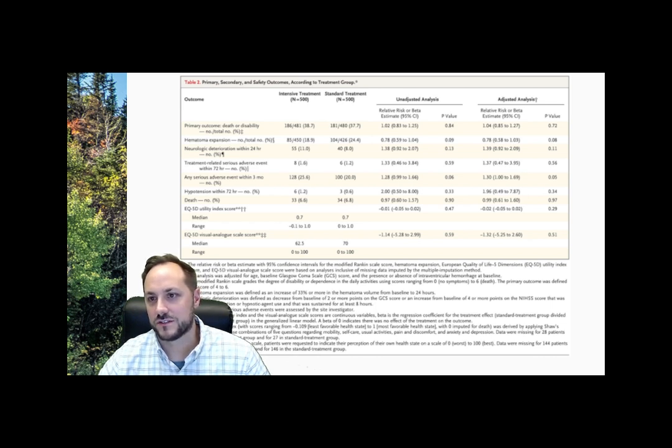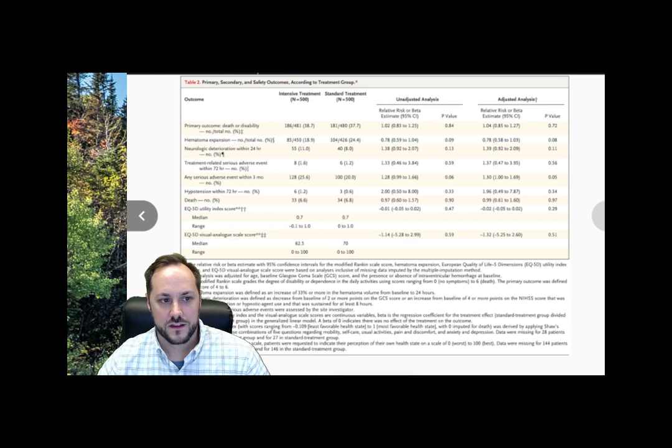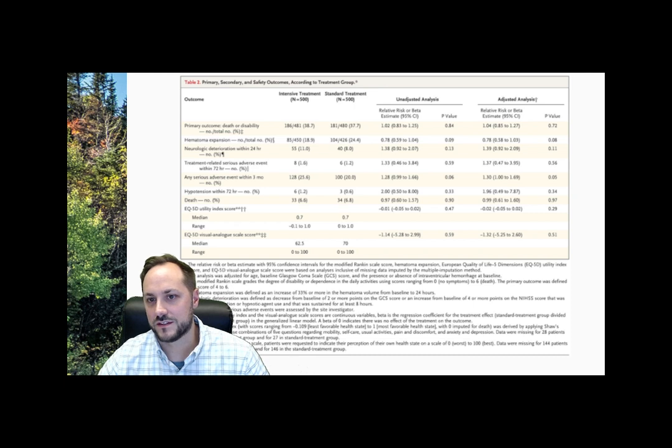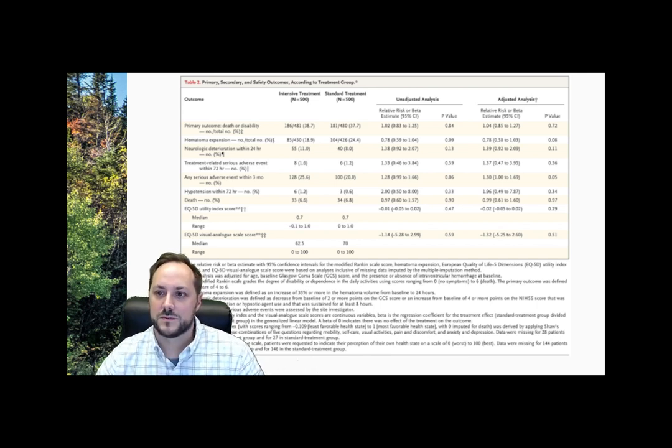If you look at the relative risk of intensive treatment versus standard treatment, for instance, where it says hypotension within 72 hours, that's a 2. So you'd be thinking, oh, there's more risk of hypotension with intensive blood pressure lowering, which would make sense. But even that wasn't statistically significant because the p-value is over 0.04. So it could just be chance that this happened.